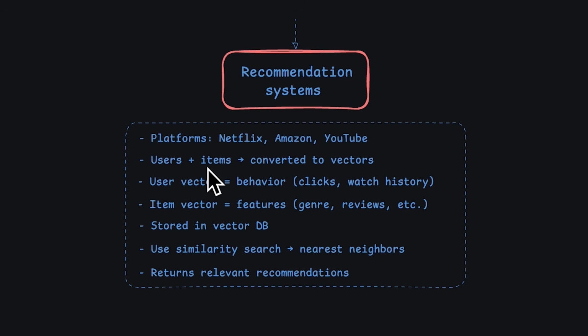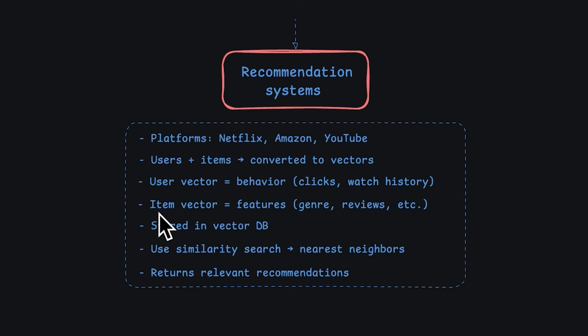How it works is that both the users and the items get converted into vectors. The user vector is nothing but the behavior of the users, for example, what the users are clicking on, what they're watching, their watch history, or their purchase history. Those user behaviors are stored inside the user vector.